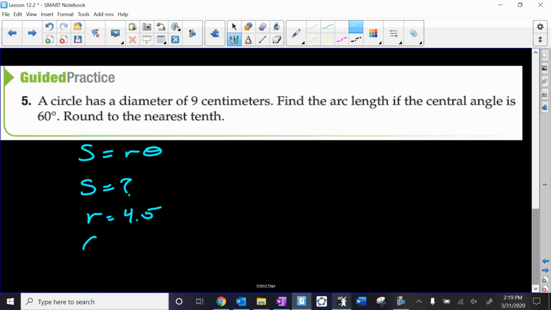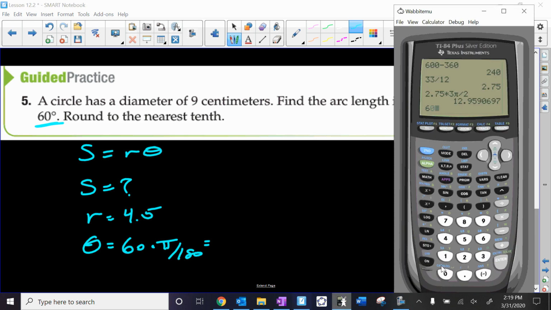And then I need an angle measure, theta. They give it to me in degrees, so I'm going to take 60 times pi over 180, which will simplify. I'll actually show you how to simplify this time. You can go 60 divided by 180 if you want, or you can do it by hand, doesn't matter.